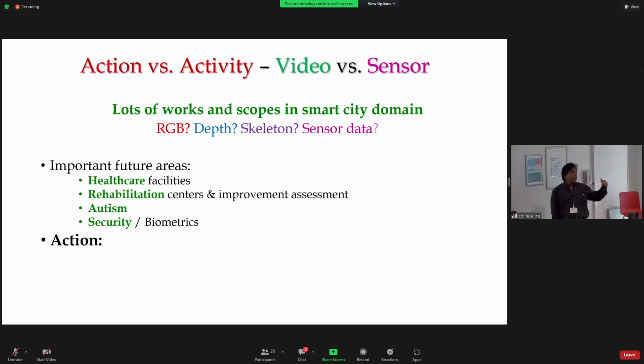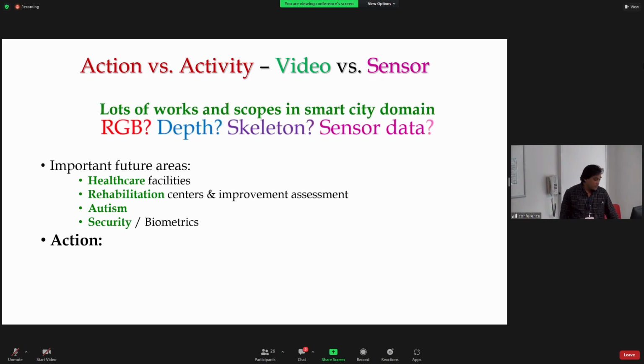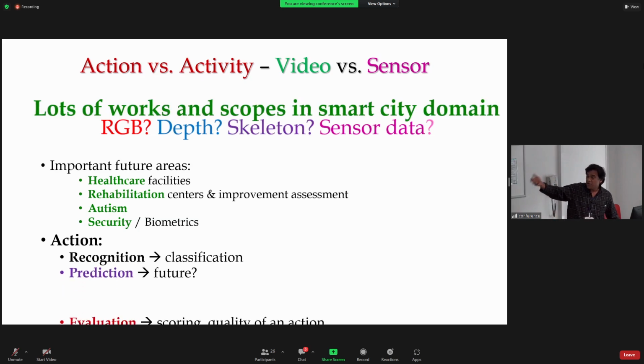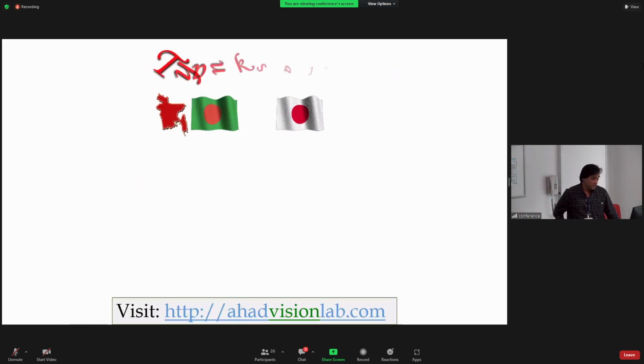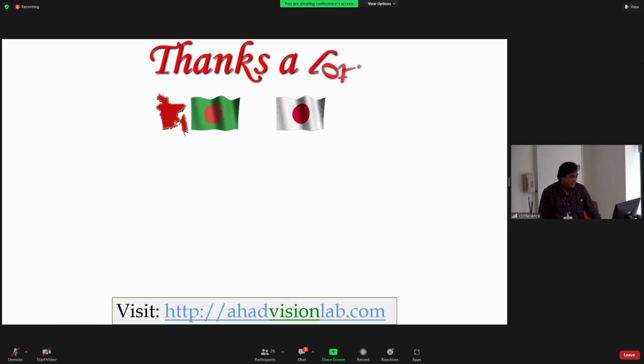Outdoor, we can consider RGB, but not depth and skeleton because it's noisy, or we can use different kinds of environmental sensor or on-body sensors. Many applications we have done so far. I didn't mention everything, but healthcare, rehabilitations, autism, and security biometrics. And what is most here is that evaluations and predictions based on the current situation. So that's it. I'm thankful to my collaborators.